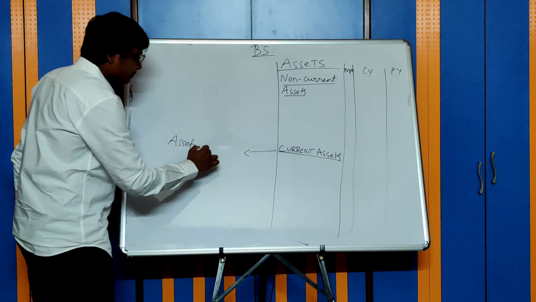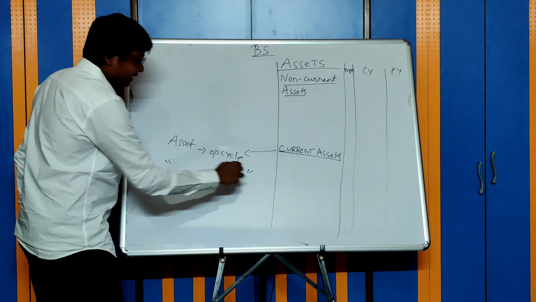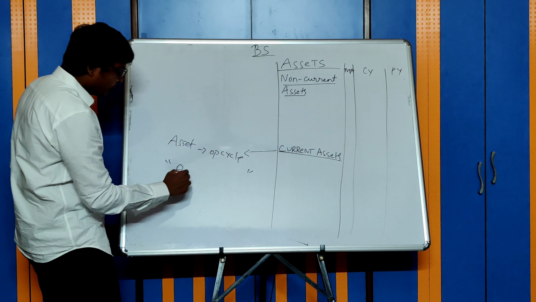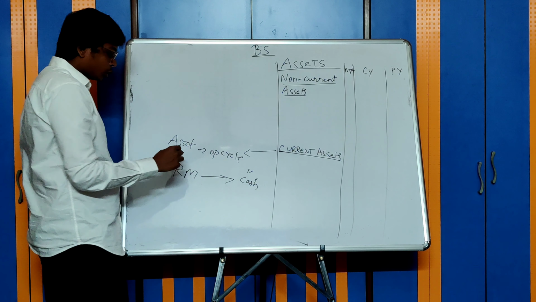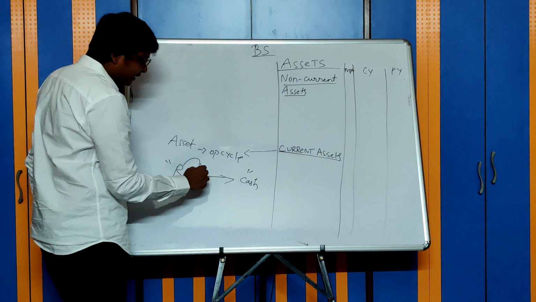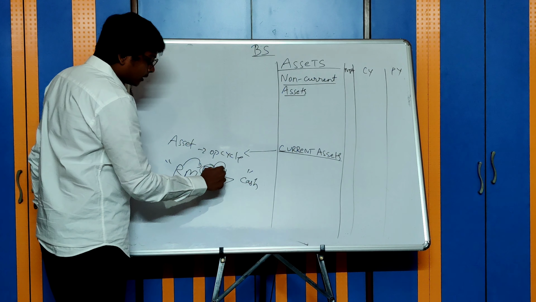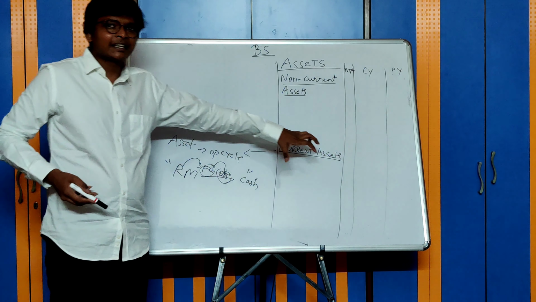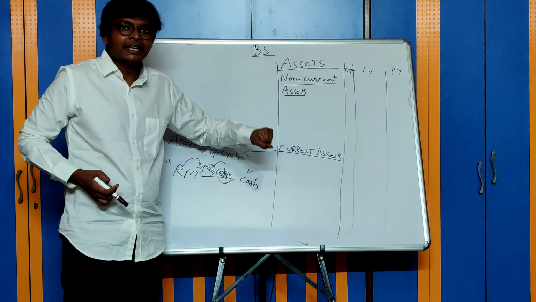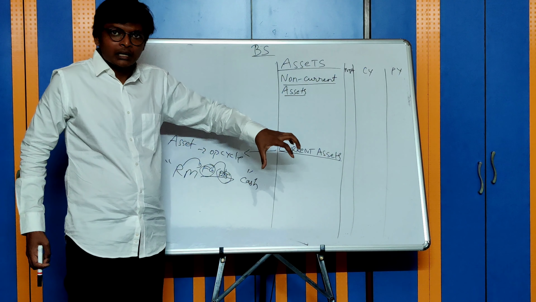What do you mean by operating cycle? The time required for raw materials to convert to cash. Meaning, raw materials is converted to finished goods, and again finished goods is converted to debtors and debtors to cash, or any asset which is realizable within the current accounting period. Non-current asset is an asset which is not a current asset.